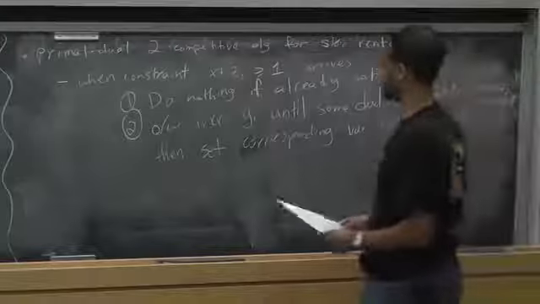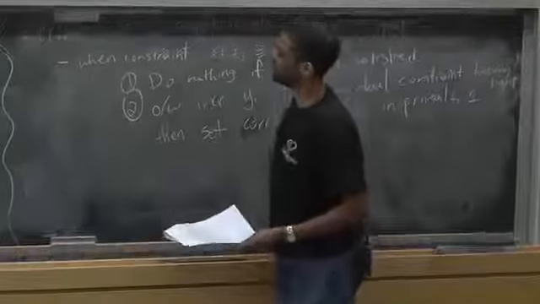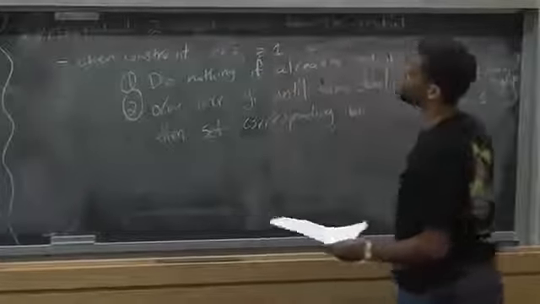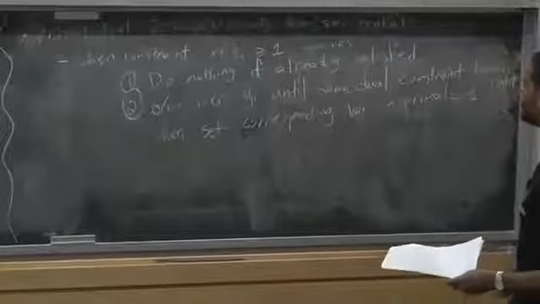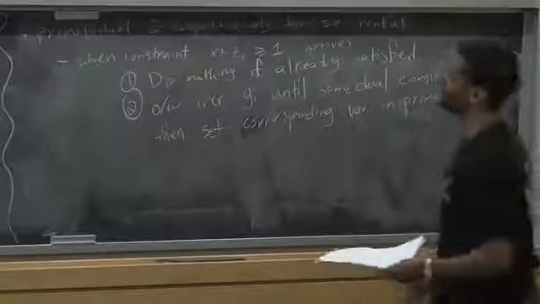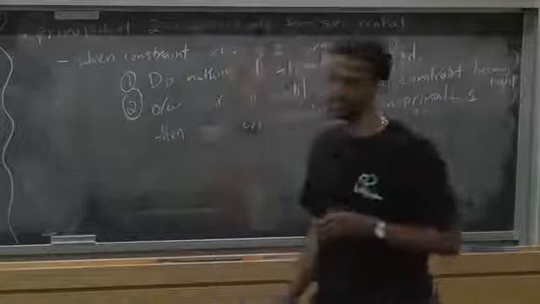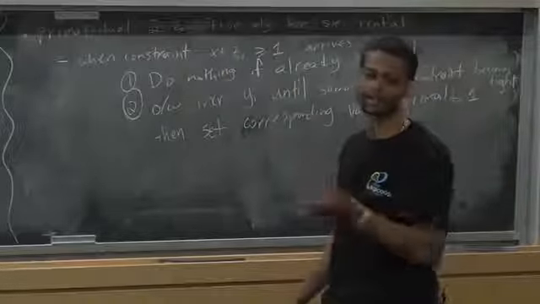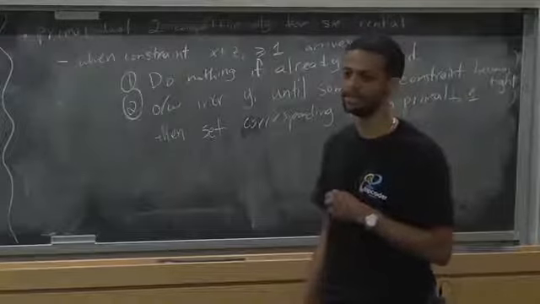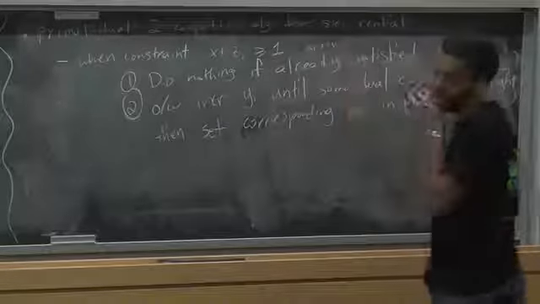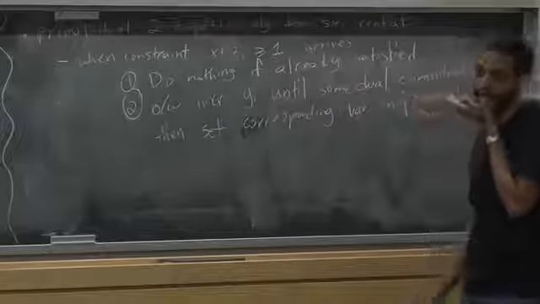And then definitely at the end of the day, we have integral solutions for the primal, which are feasible, and we have a solution to the dual, which is feasible, right? Because we don't go beyond a constraint being tight, so we're not violating any constraints.